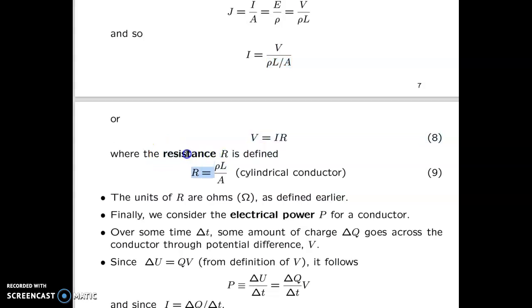And it is, you'll see from looking at those two equations above, rho times L divided by A. This works for a cylindrical conductor, or really any conductor that has a constant cross-sectional area A, something like a cylinder. The units of resistance are ohms, which we defined earlier.